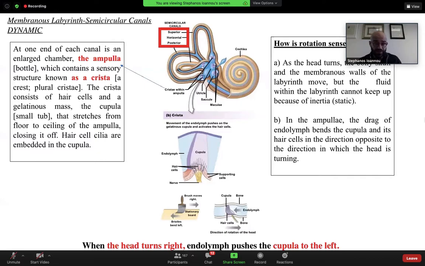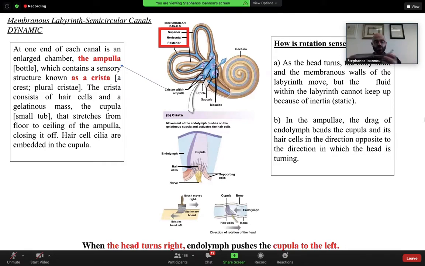So, assuming that the bony skull is static, and bearing in mind that these semicircular canals entail fluid, then as the head moves in space, the water that is inside cannot keep up because of the inertia. So imagine that we have a static component. Let's say this is your semicircular canal. Now, if I move left and right, then the water is gonna move in the opposite direction of where I'm moving.